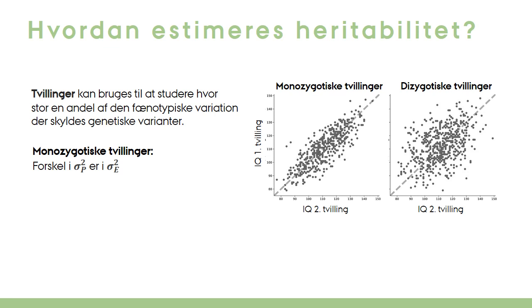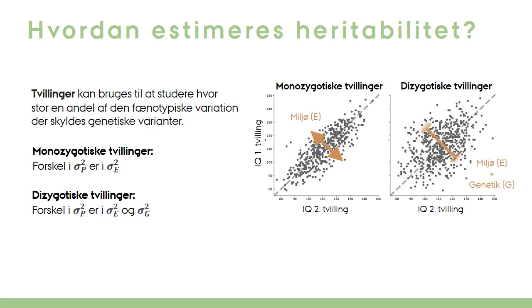So all the variation that you see here in this left graph is due to the environment. In dizygotic twins, which is non-identical twins, they're different in their genetics and they're different in their environment. So all this variation you see here is a sum of the environmental variance and the genetic variance.